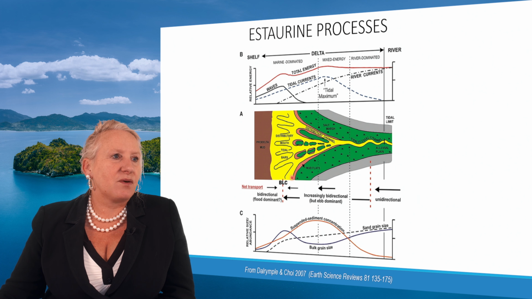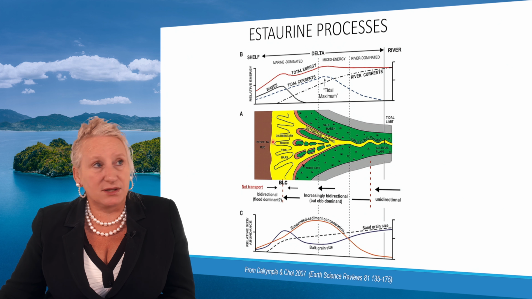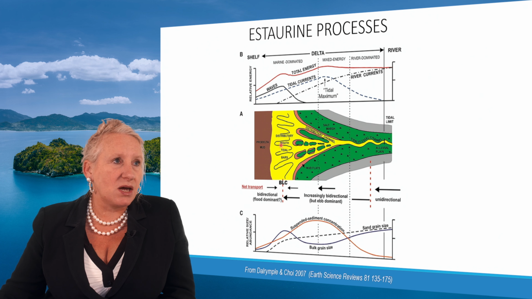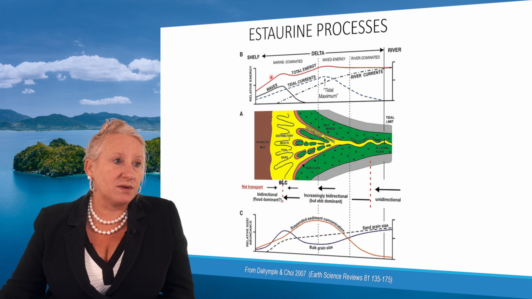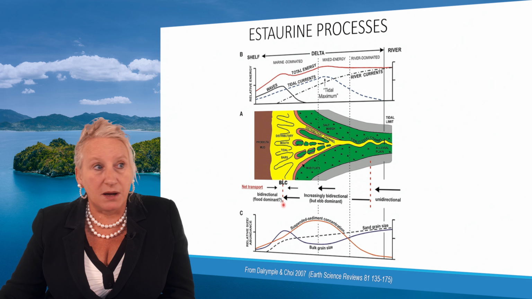And then as we move to this bidirectional flow, we have the wave energy coming into the system, where we can increase the amount of sand grains, and the total energy obviously increases. The bulk grain size increases, and we can create obviously clean sands around here, but often bioturbated.